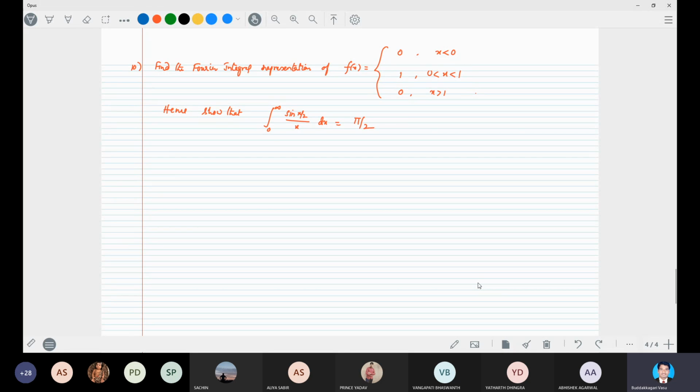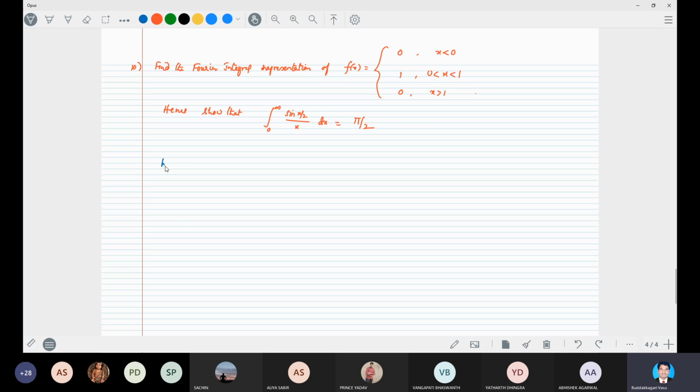Okay. What is the Fourier integral representation of any given function f(x)? This is clearly written for all the values of x, for all the values of x in the whole real line.